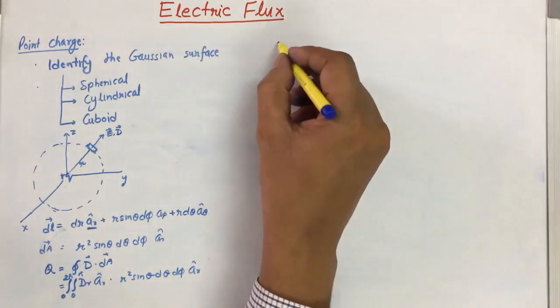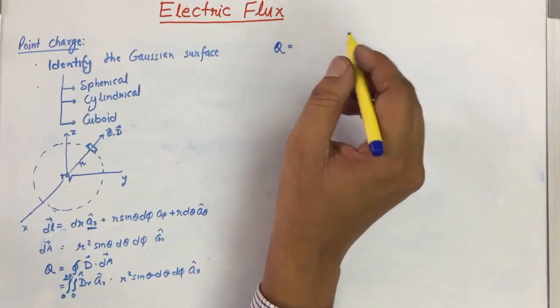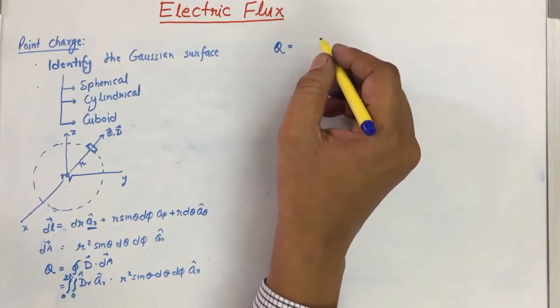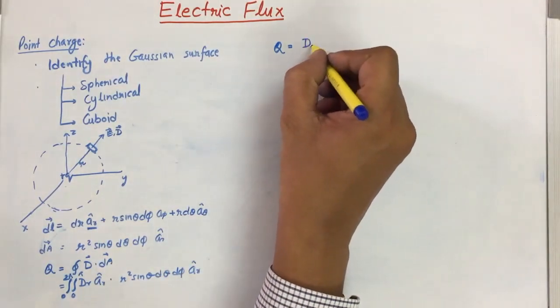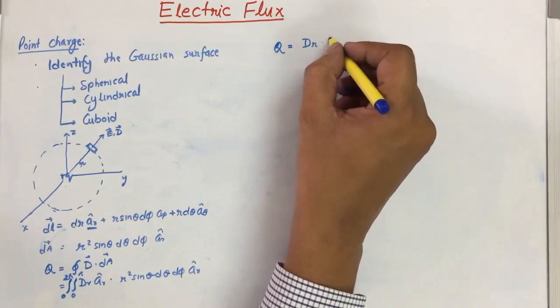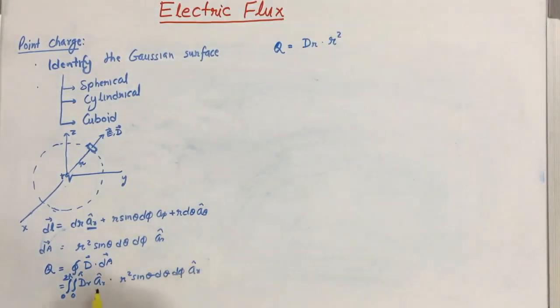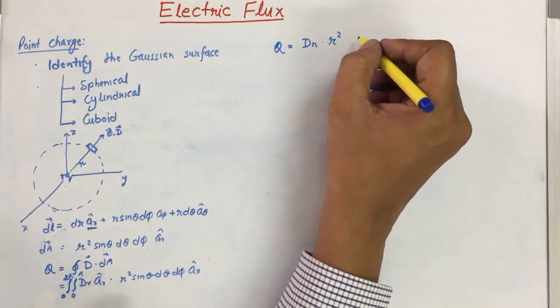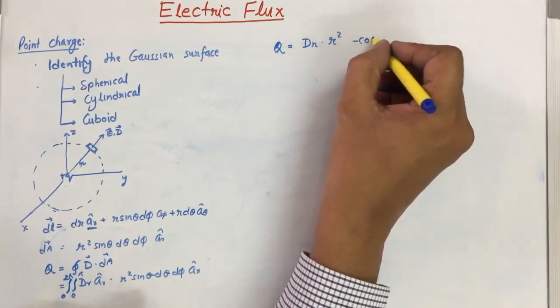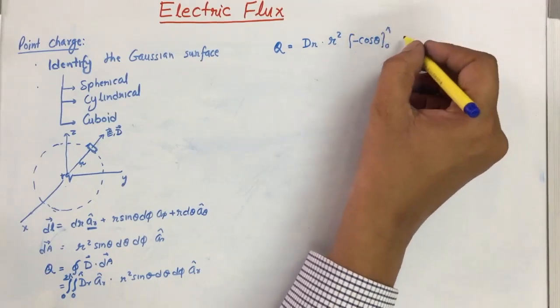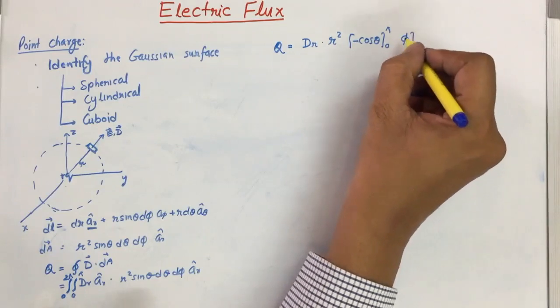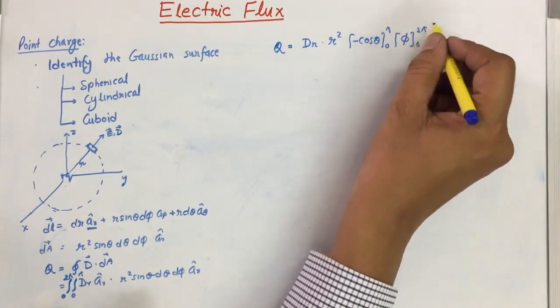So Q can be written as, finally, this term is constant, this is also constant, only the variation is in theta and phi. So we can say D r square, ar dot ar will give you 1, sin theta d theta will give us minus cos theta, where theta varies from 0 to pi, and phi where phi varies from 0 to 2 pi.